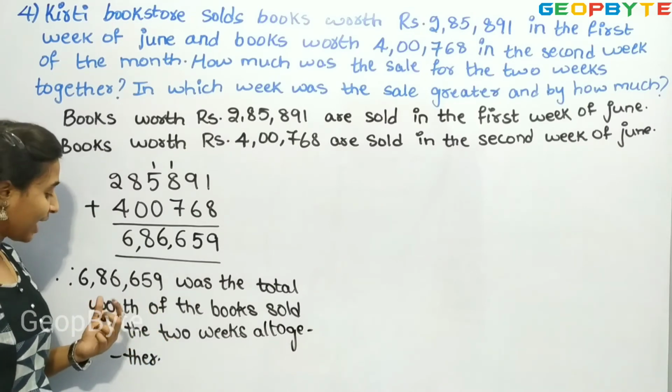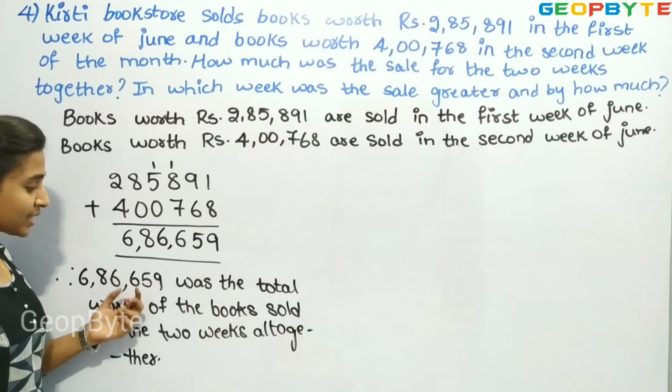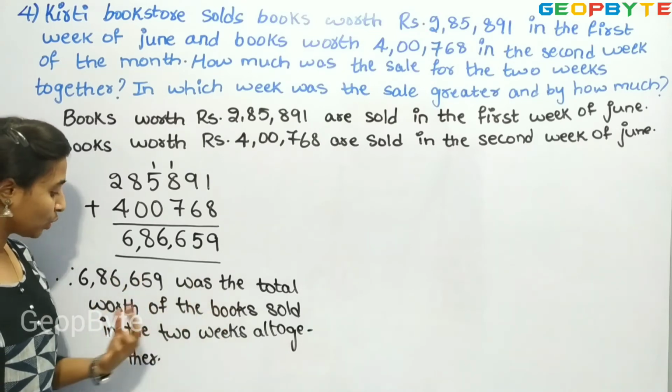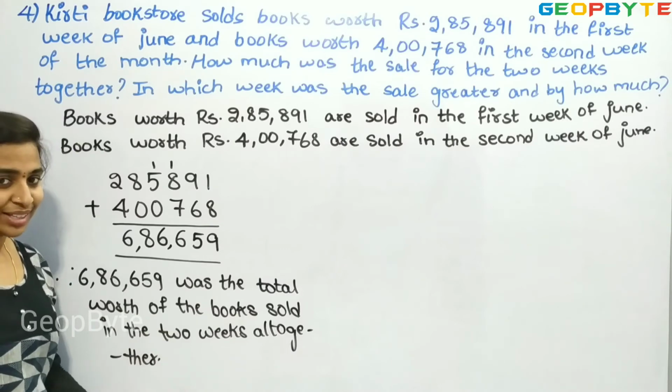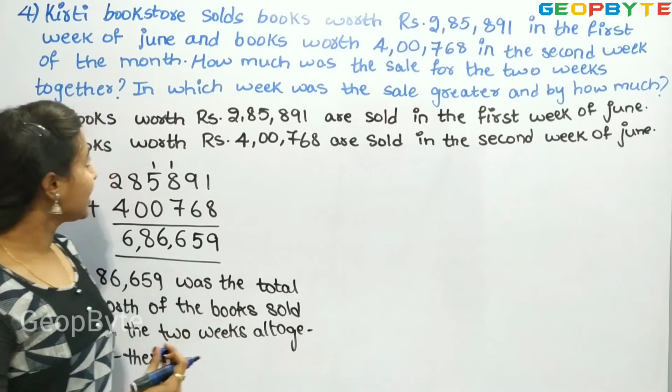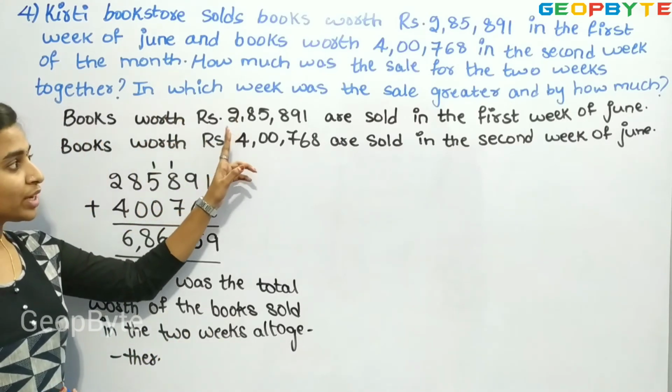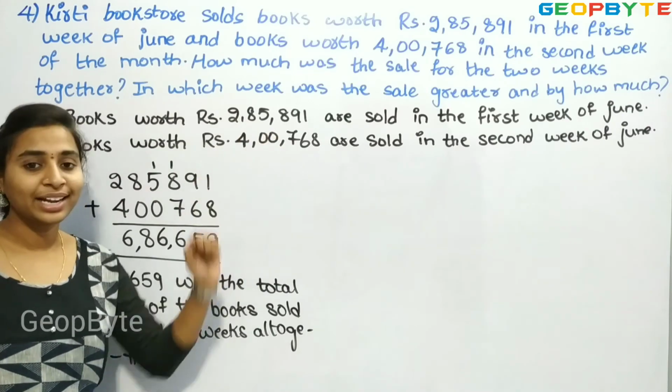So 6,86,659 was the total worth of the books sold in the 2 weeks altogether. Right? Now the next question is, in which week was the sale greater?